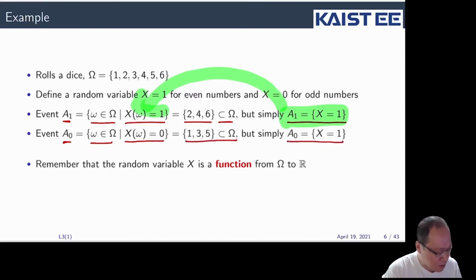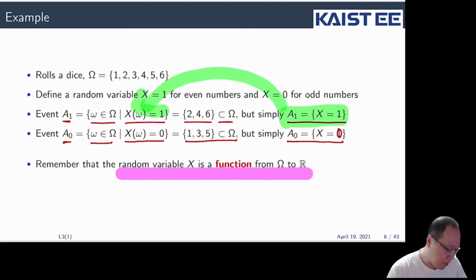That's why this is an event. In the short notation, A0 is equal to the set of X equals 0. Sorry, I said 1 earlier, this should be 0. Again, I want to highlight that the random variable X is a function from omega to the real numbers. Okay?